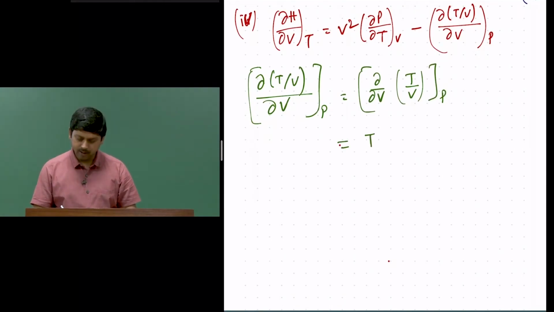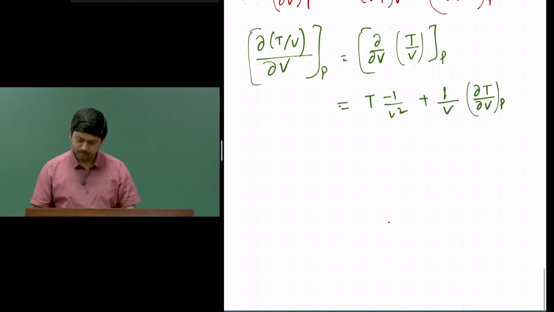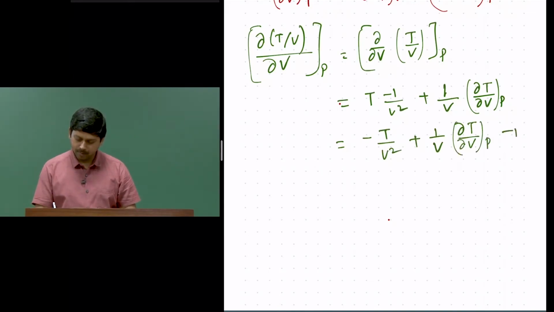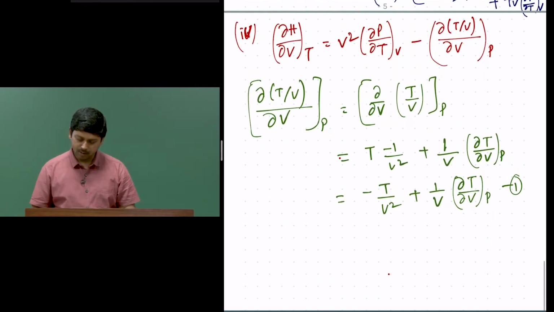So, it is T del by del V of 1 by V, which is minus 1 by V square, plus 1 by V into del T by del V at a constant P, which is minus T by V square plus 1 by V del T by del V at a constant P. So, let us keep that as equation 1, because that is what we have to bring.